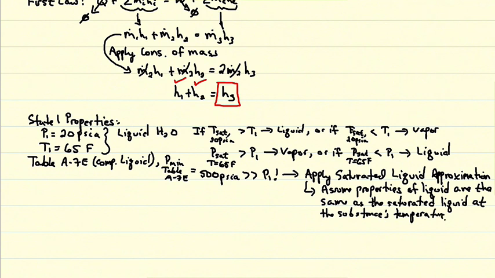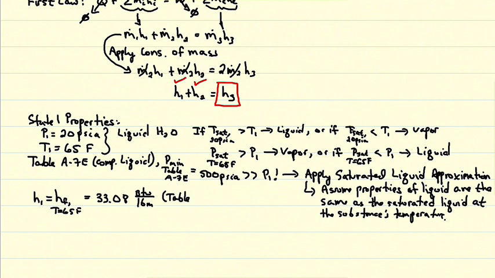So, by applying our saturated liquid approximation, that means that H1 is equal to the saturated liquid enthalpy at a temperature of 65 degrees Fahrenheit. And when I look that up in table, so now I'm going to table A4E because I'm looking up saturated properties, I find that for water at 65 degrees Fahrenheit, its saturated liquid enthalpy is 33.08 BTU per pound mass.